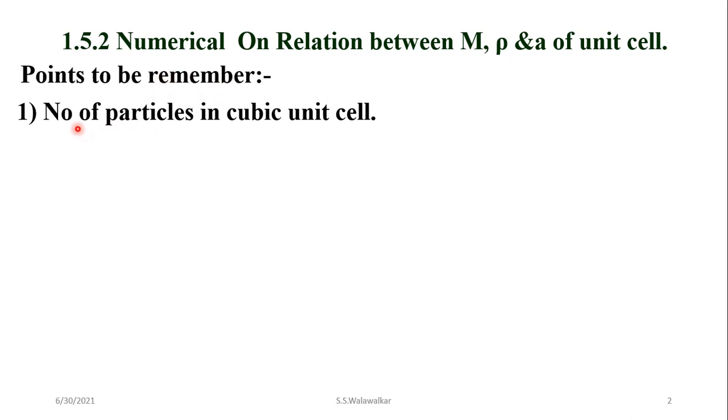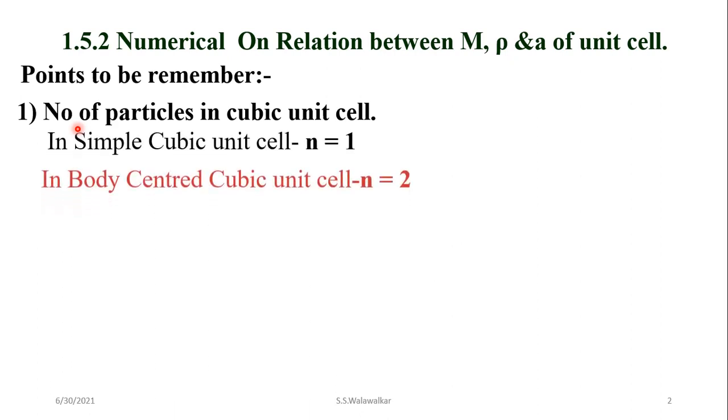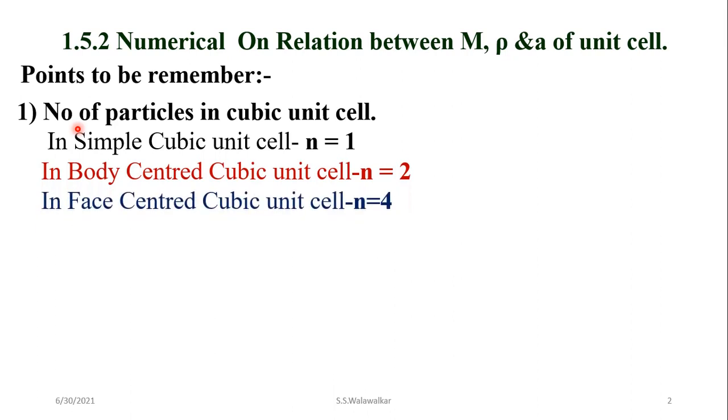First is the number of particles in a cubic unit cell. In previous videos we studied the types of cubic unit cell, that is the cubic system. There are three types of unit cells: simple cubic unit cell, body centered cubic unit cell and face centered cubic unit cell.